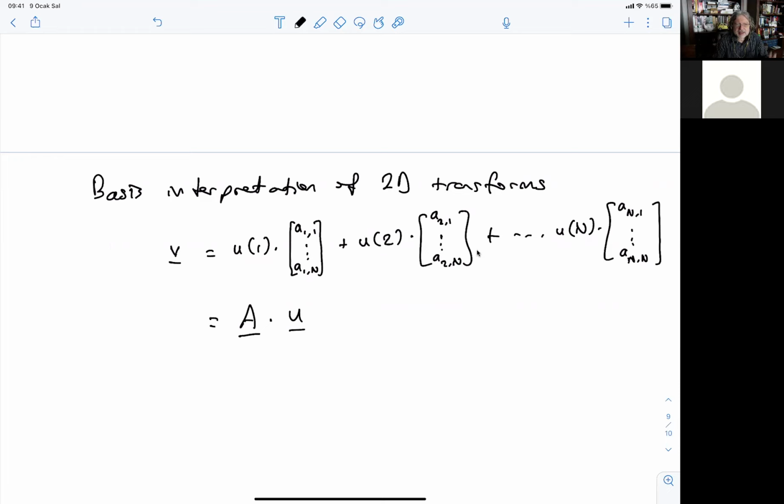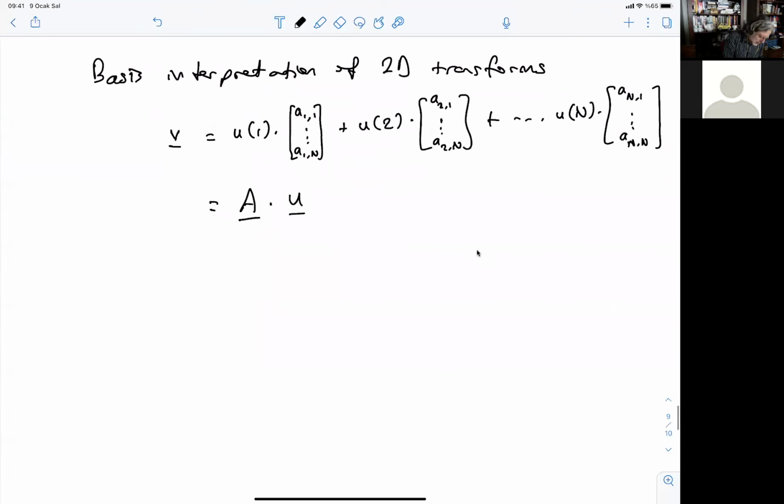That's why we are saying that A is essentially the new basis for the representation of V. Actually, we were doing it in the reverse way. We are usually representing U in terms of V. So let me also write it that way. U is like V1 times the first basis vector, let me call it E1, plus V2 times the second vector E2, plus all the way up to Vn times E sub n, the last basis.